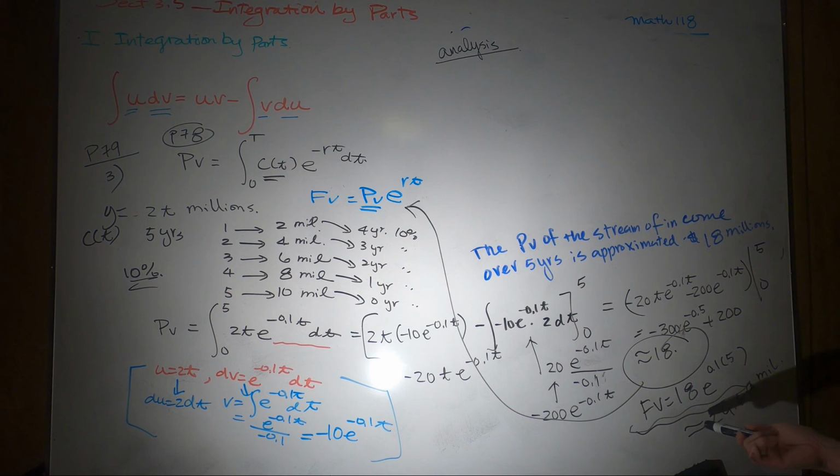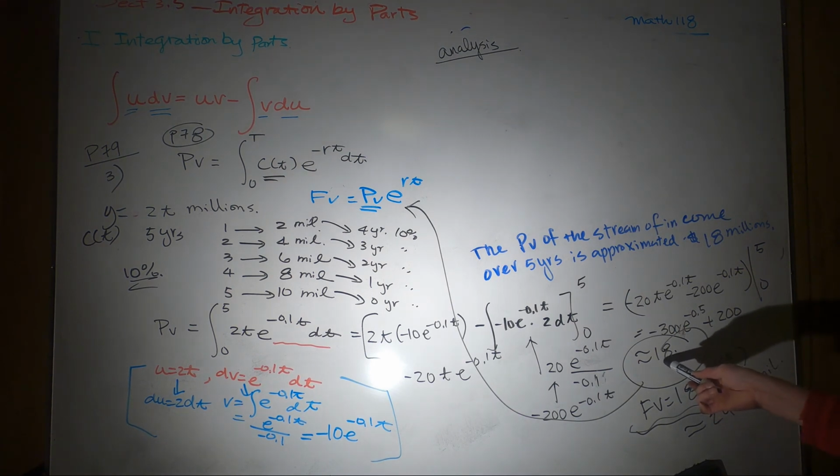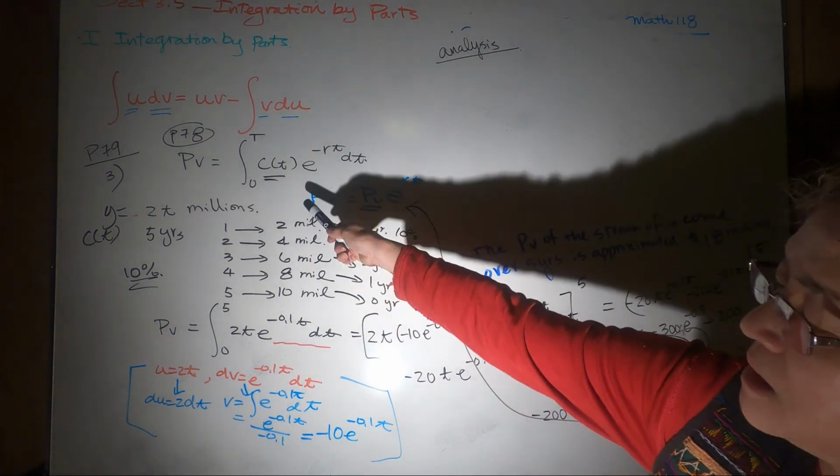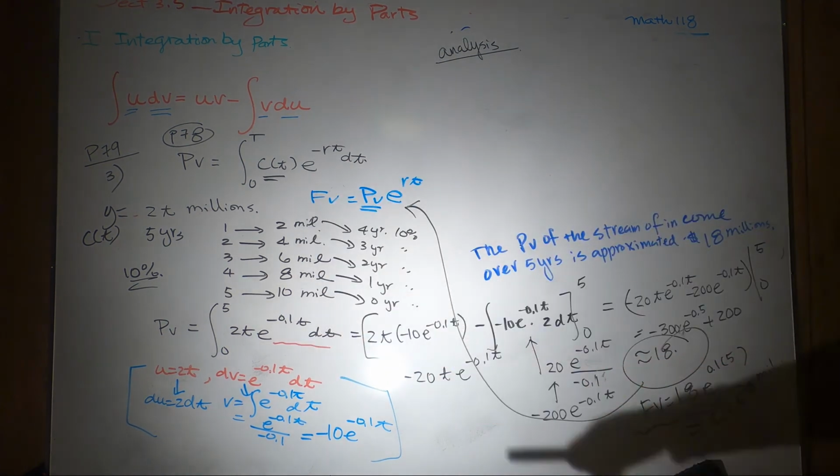So for 5 years, today's value of 18 million with 10% continuous compounding turns out to be 29.69, about 30 million here.